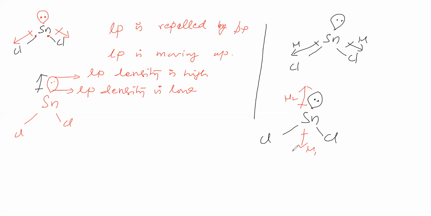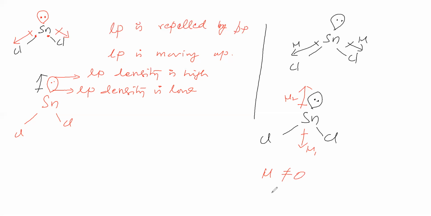Now, what is the net dipole moment? We cannot say it is 0, because the resultant dipole moment and the lone pair dipole moment may not be equal. Therefore, the resultant dipole moment is not equal to 0. So, the dipole moment of this molecule is not equal to 0.